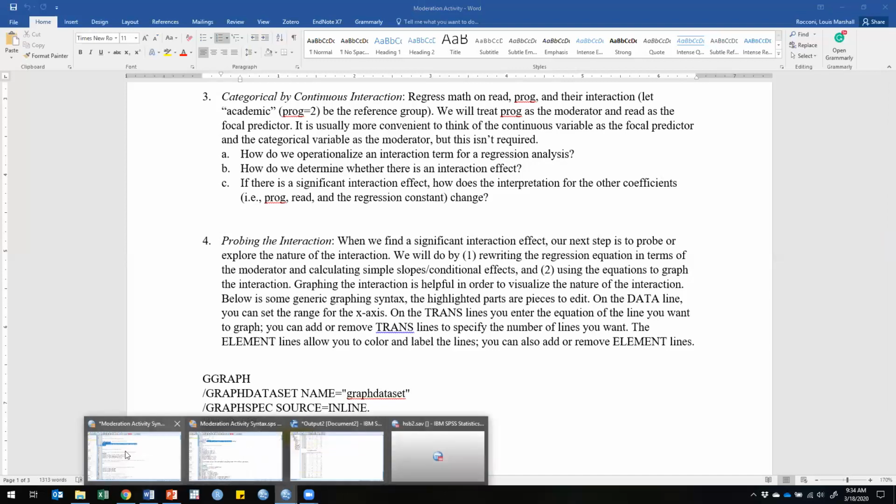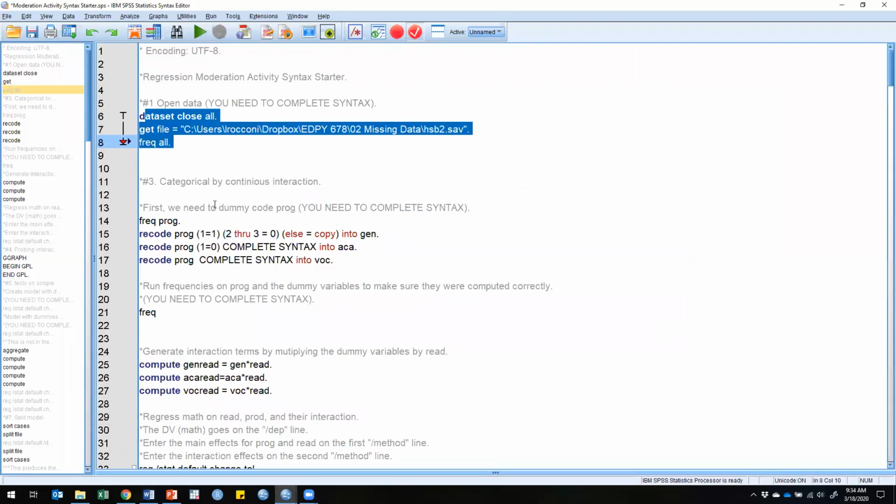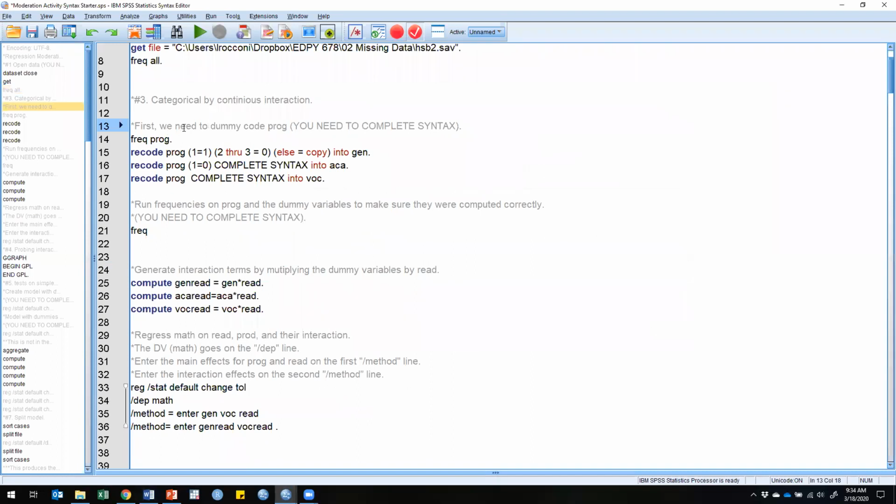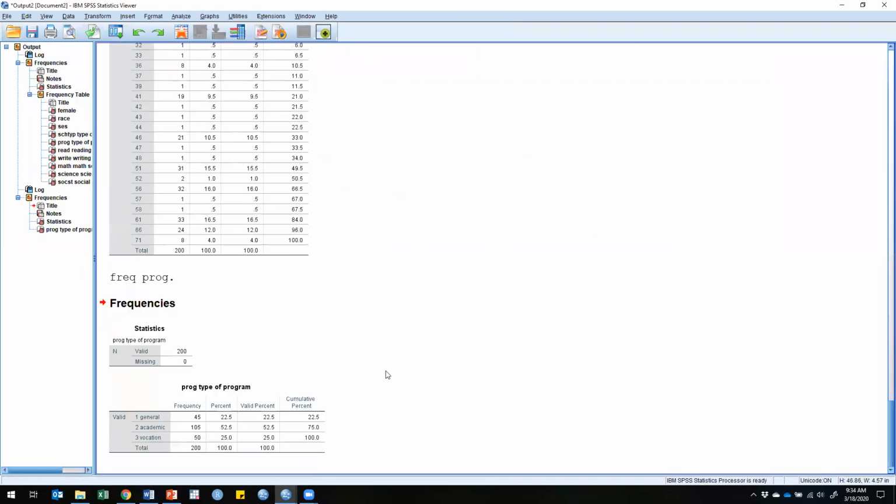Let me pull up our syntax here. So first thing we need to do is dummy code the academic program variable, and I started this off for you. We want to recode prog. We'll run a frequency just to make sure. Prog 1 is general, 2 is academic, 3 is vocational.